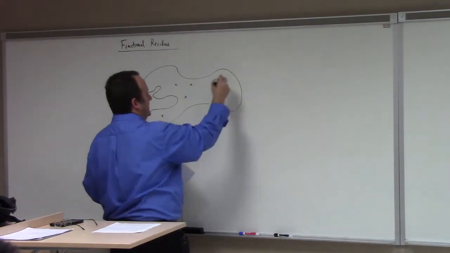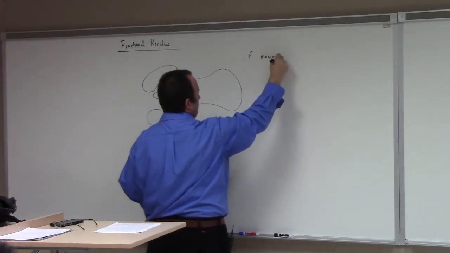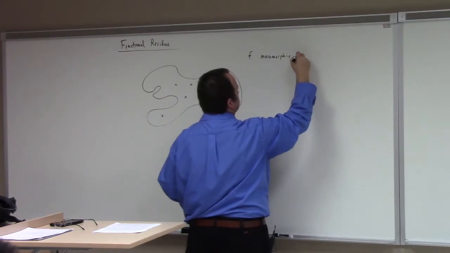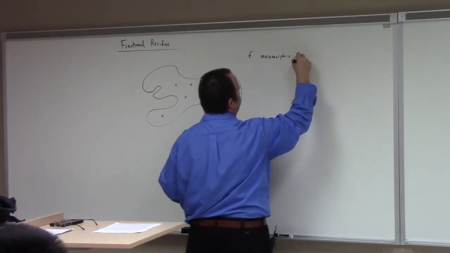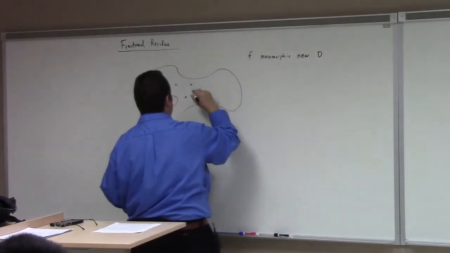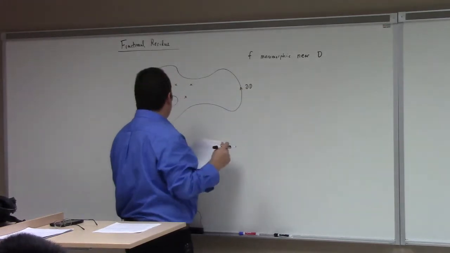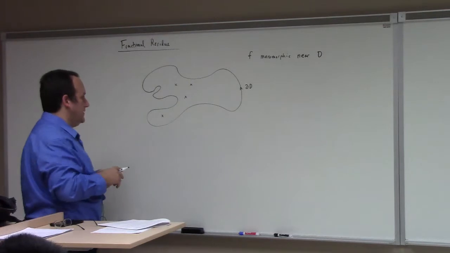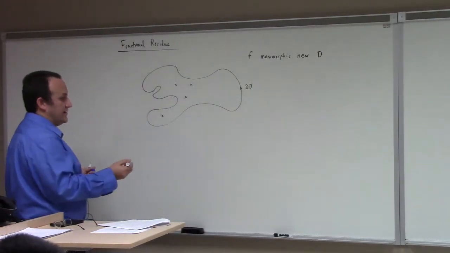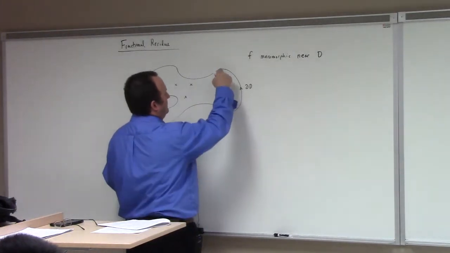There's some function f, is meromorphic, near D. So here, this is D. The boundary of D is this guy, right? And then we want to add a wrinkle, and the wrinkle we want to add is suppose the f also has a singularity, right, on the edge. So suppose f has a singularity like, I don't know, here.